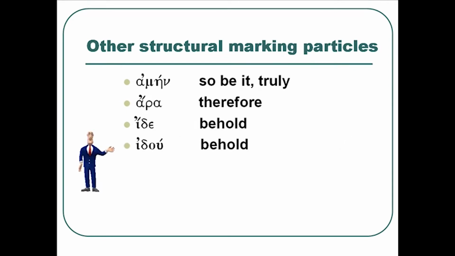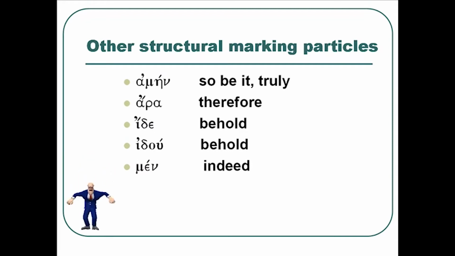Idou also means behold. Stereotype little words that trigger this idea: behold, pay attention, emphasis. Men means indeed. And nai means yes or indeed. I always think it's kind of ironic. We learn to say no, ou or me in Greek, much before we learn to say nai, which means yes. But I guess that's how we teach our children as well.